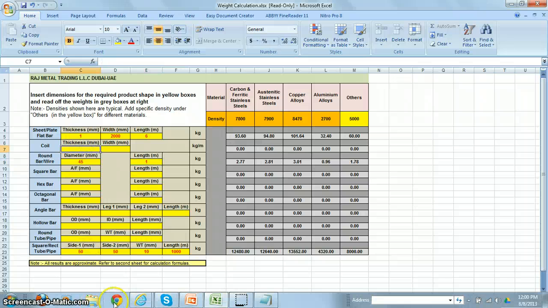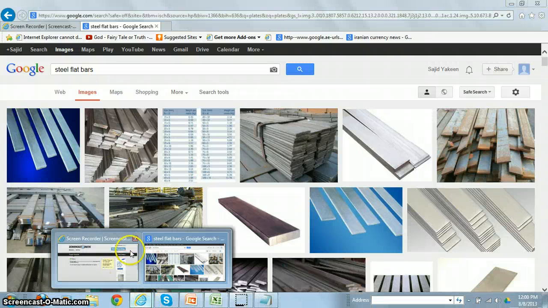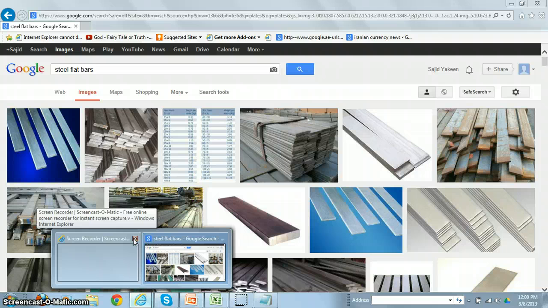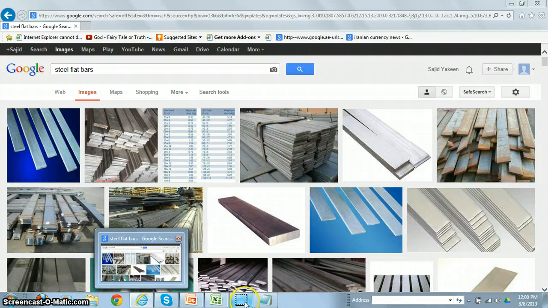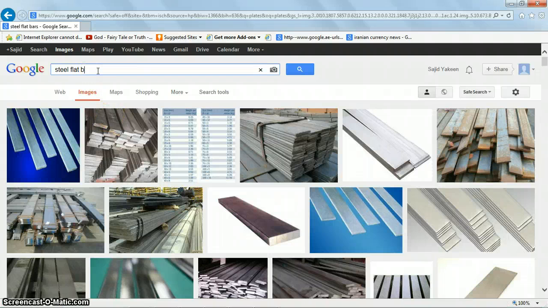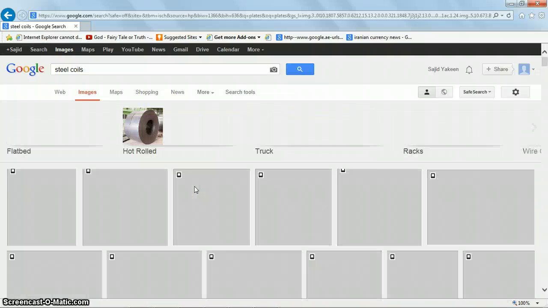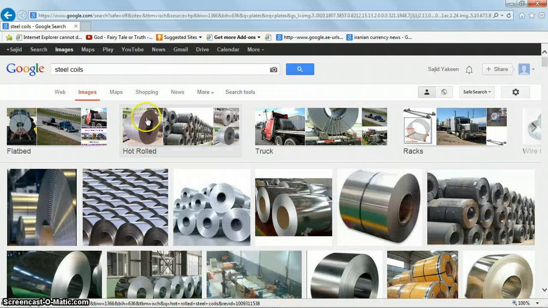Alright, this is coil. Now the coil is interesting. Steel coils. This is a typical coil, and coils are always traded in tonnage.